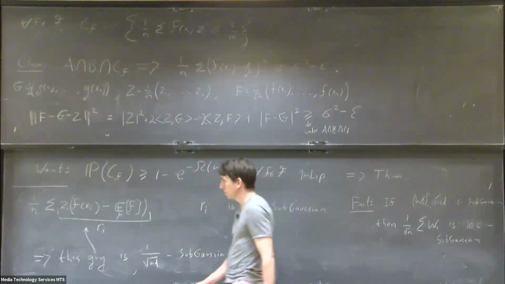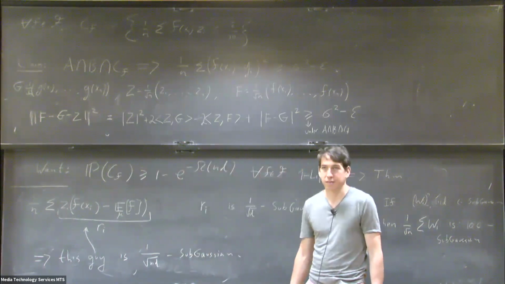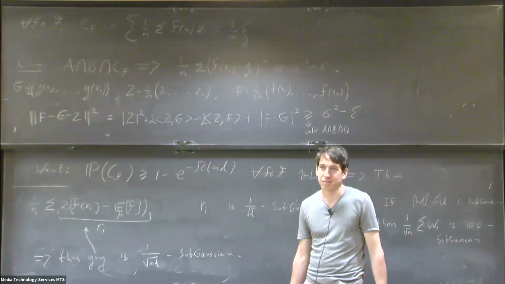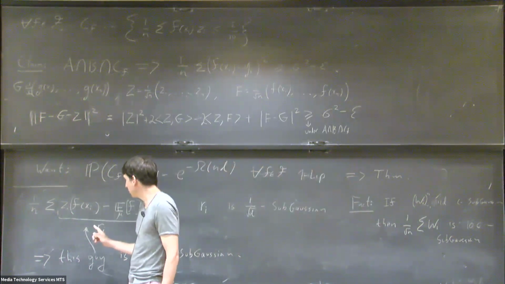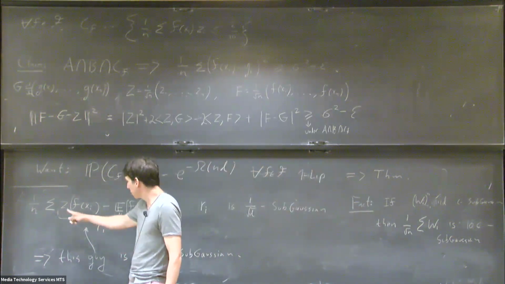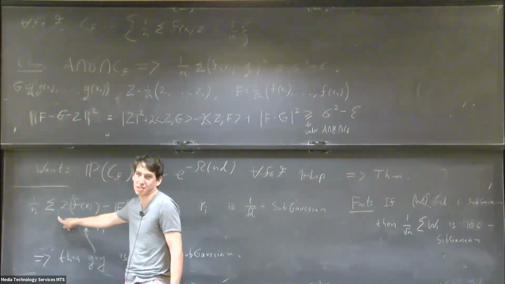Okay, so maybe the worst case is just taking all of them to be one. Exactly. I mean, we're still using the fact that the expectation of each one of these is 0, right?